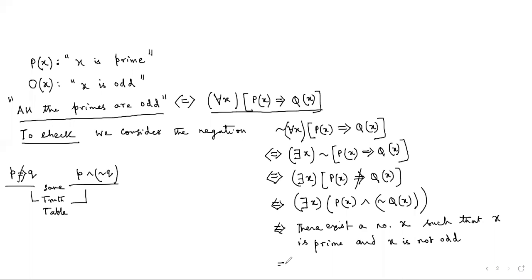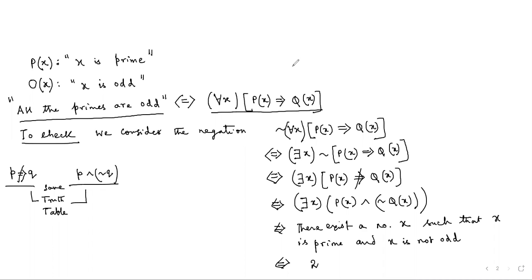And immediately, if you think of it, you know that such a number is actually there in front of us, and that number is 2. 2 is a number which is prime, but it is not an odd number.